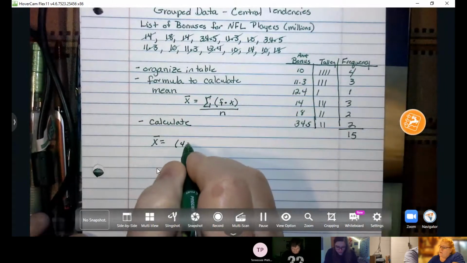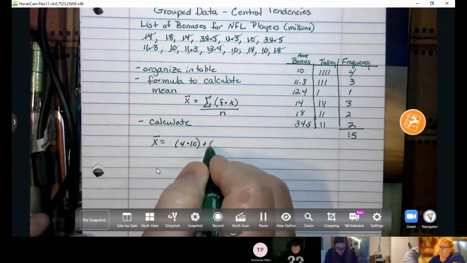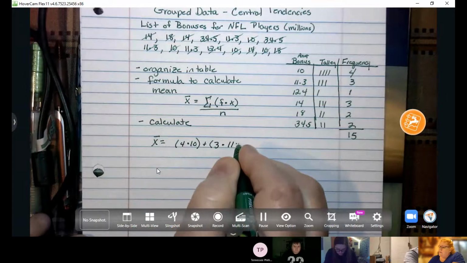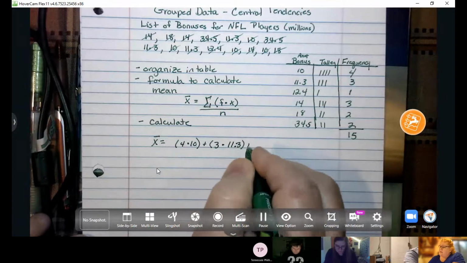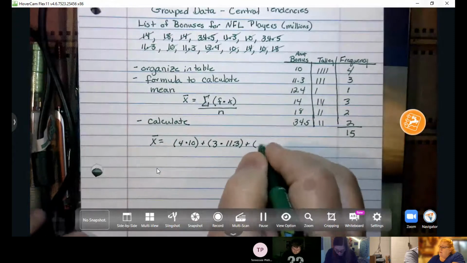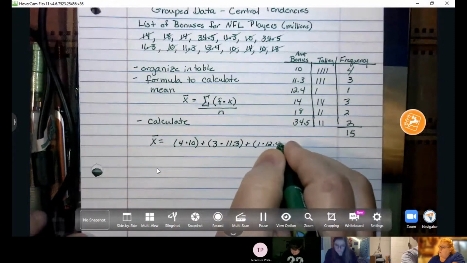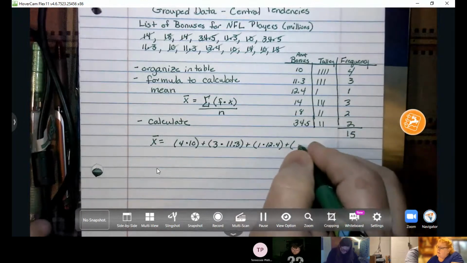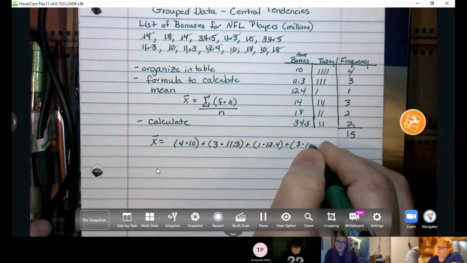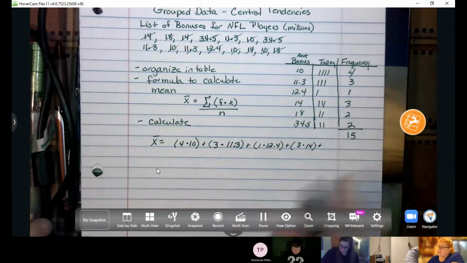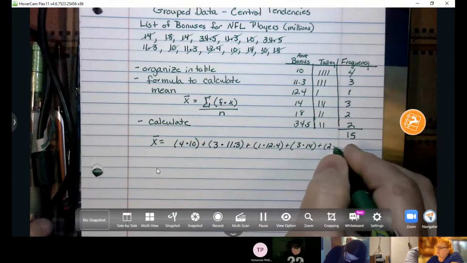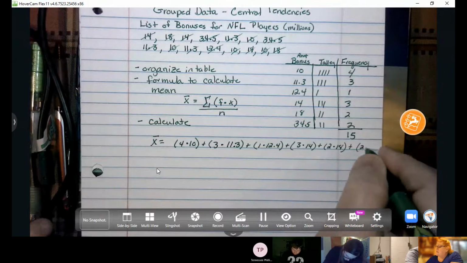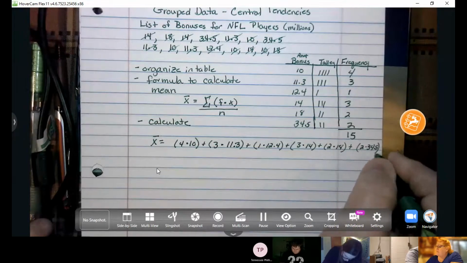So we have 4 times 10 million, plus 3 times 11.3 million, plus 1 times 12.4, plus 3 times 14, plus 2 times 18, plus 2 times 34.5.